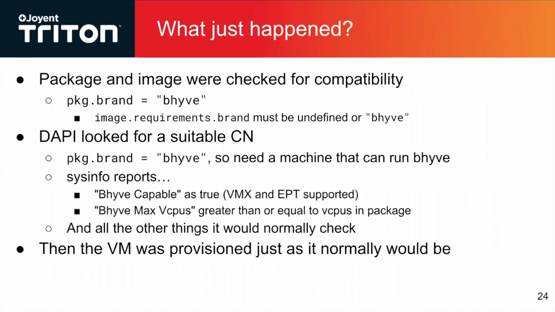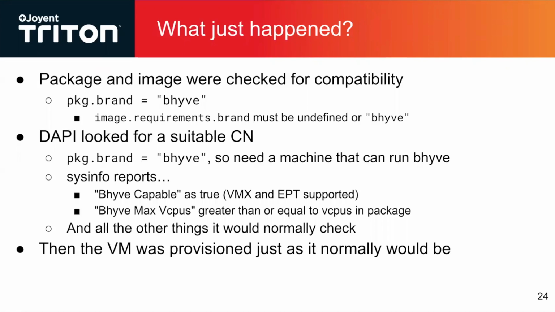So when deploying an image through Triton, there's not a whole lot of magic, a little bit of magic. It does verification that if package.brand is set to Bhyve, then it makes sure that the image requirements.brand is either undefined or set to Bhyve.